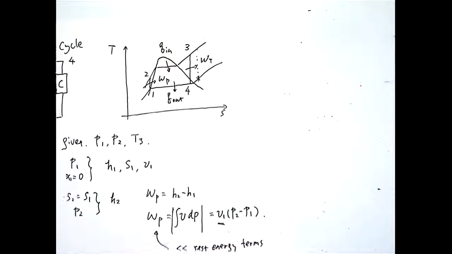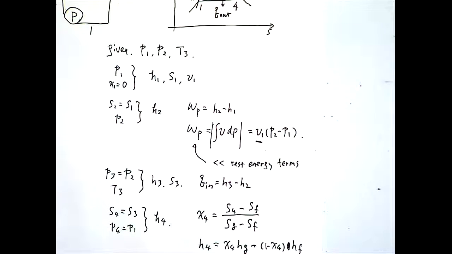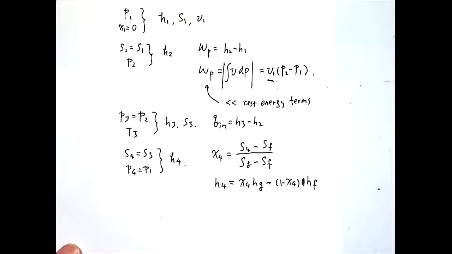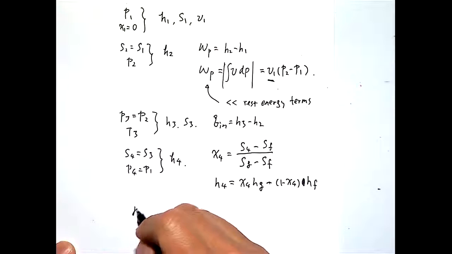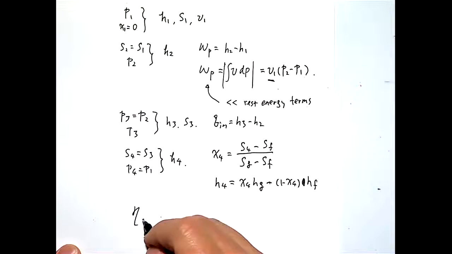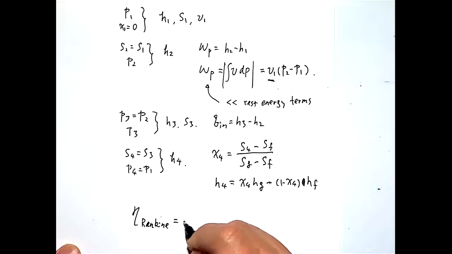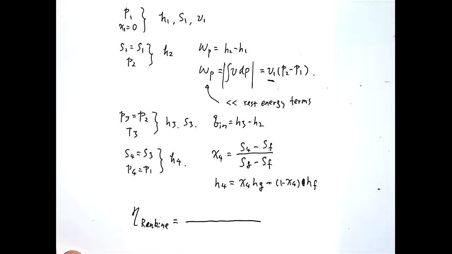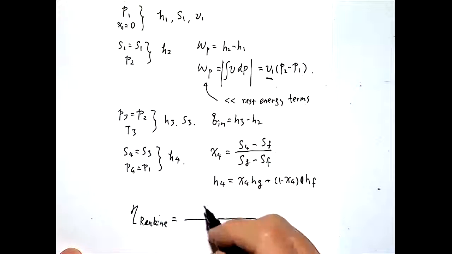All right. So that's the calculation for the very basic Rankine cycle. With that, we can calculate the efficiency, which is the net work output versus the heat input.